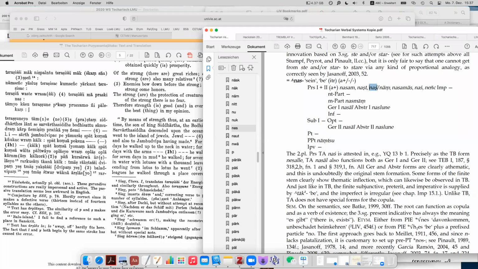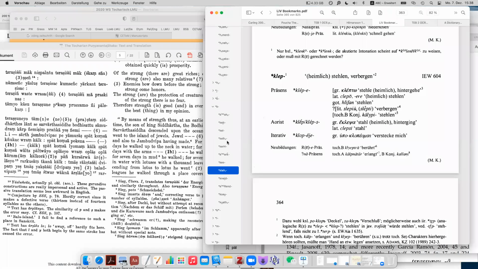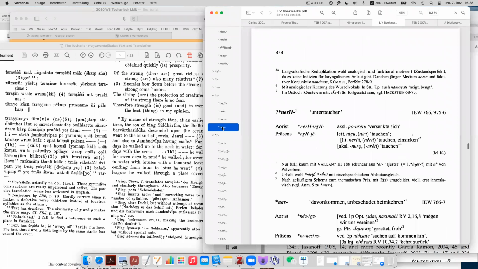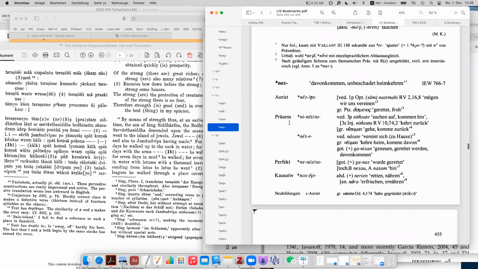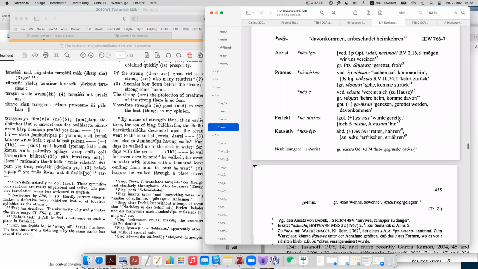And Nash is third person singular, okay, here. And this root again has a well-known Indo-European etymology. It actually goes back to the Proto-Indo-European Nes, and Nes actually means 'unbeschadet Heimkehr', so you go back home safely.